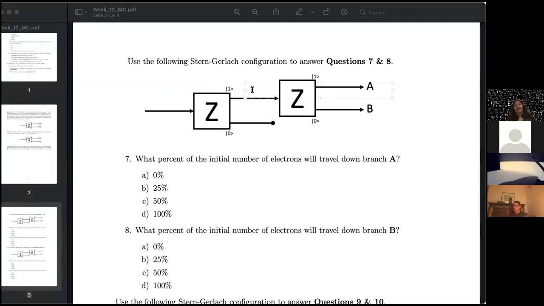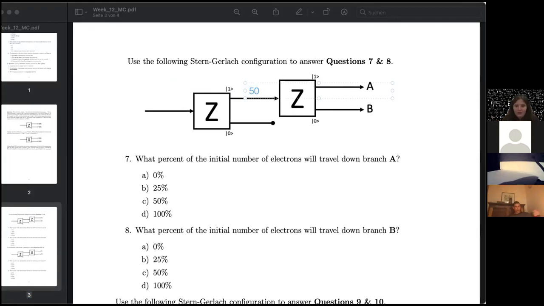If you look at the first one, when I put an electron beam through my Stern-Gerlach apparatus in the z basis, I get half of the electrons in state 1 and half of them in state 0.